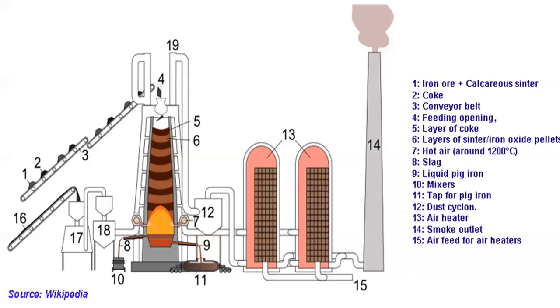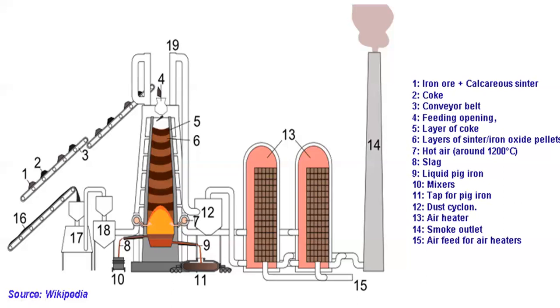While the blast blowers provide the necessary airflow at 3 to 5 bar pressure, the hot blast ovens increase the temperature of the air to 900 to 1350 degrees centigrade. Ore, which is normally ferrous oxide or ferric oxide, sinter or pellets, coke and lime, basically lime that removes impurities and acts as a flux, are added to the blast furnace from the top.